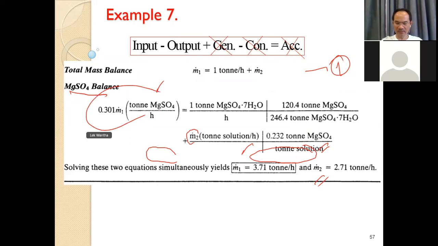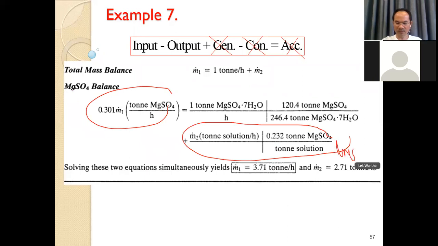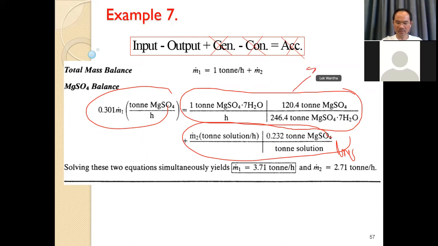This is the inlet, this is the outlet in liquid form, and this is the outlet in solid form. But in solid form, it is in terms of hydrate. We balance magnesium sulfate, not magnesium sulfate heptahydrate.